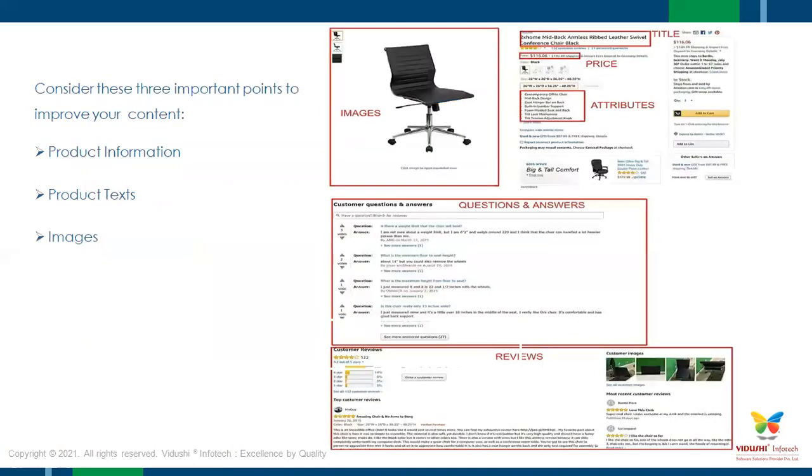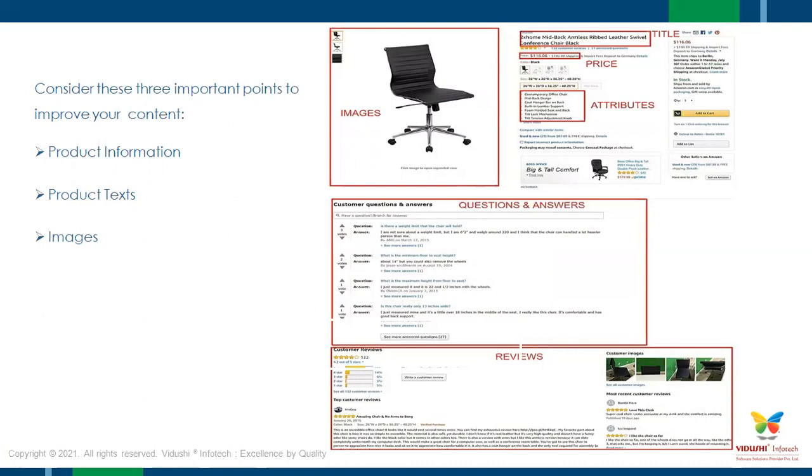This is the example of an Amazon product page. This contains mainly product information, product text, and images. You can see at the top of the page, you can see the title. The next important thing which influences the buyer's decision is price.